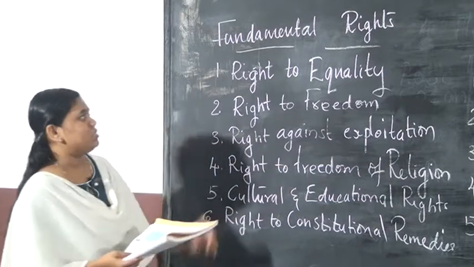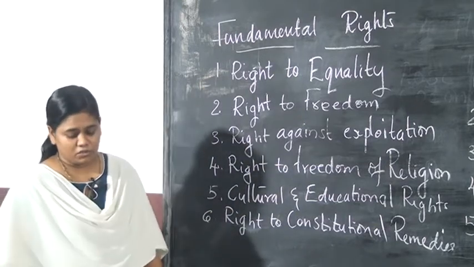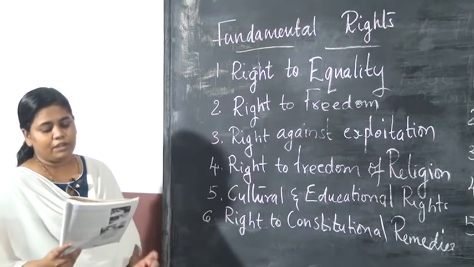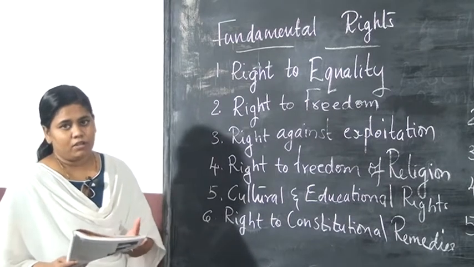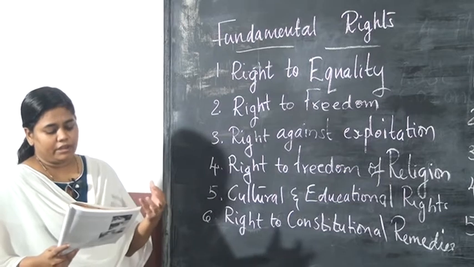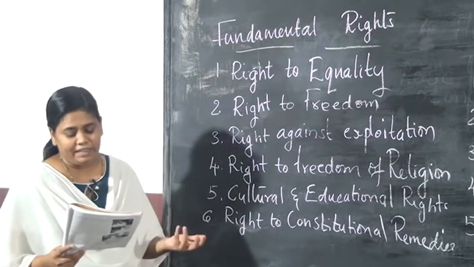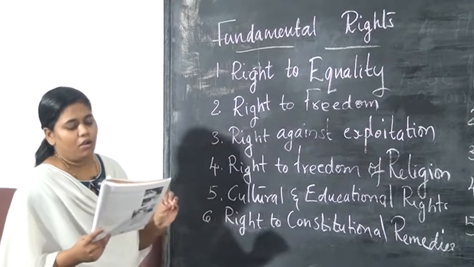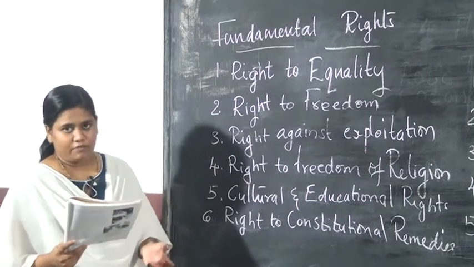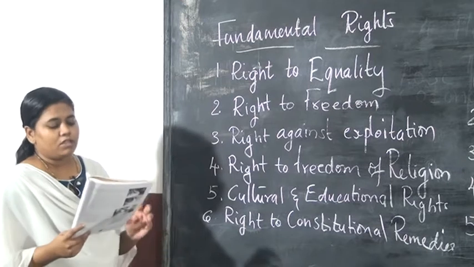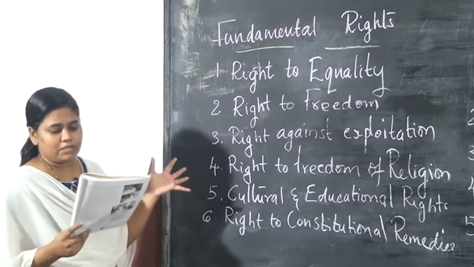The second one was the right to freedom. What is the right to freedom? It includes the right to freedom of speech and expression. Whatever we feel, we can express freely in our country. The right to form associations: we have the freedom to form associations.